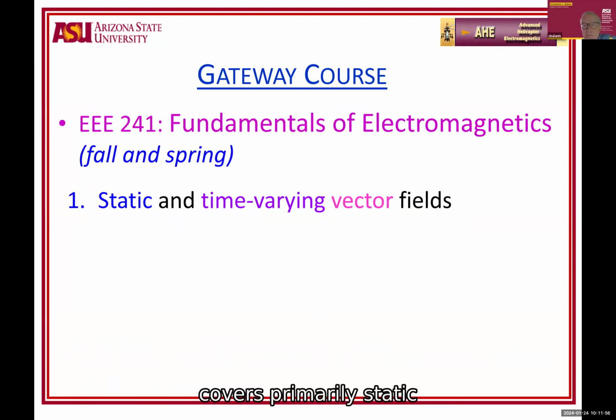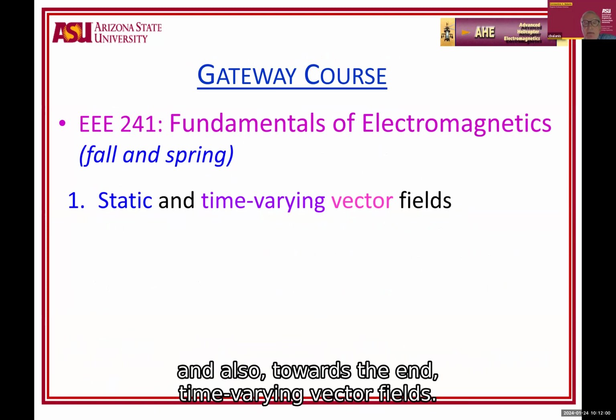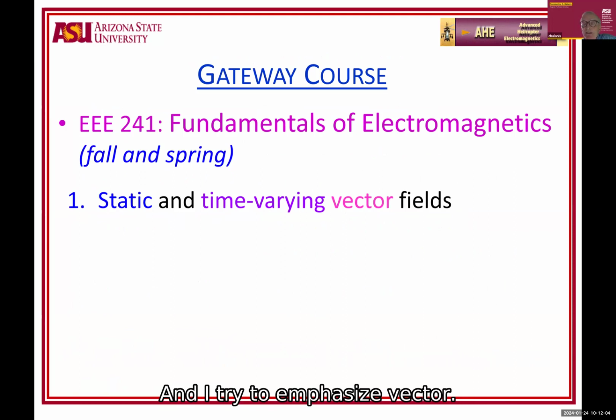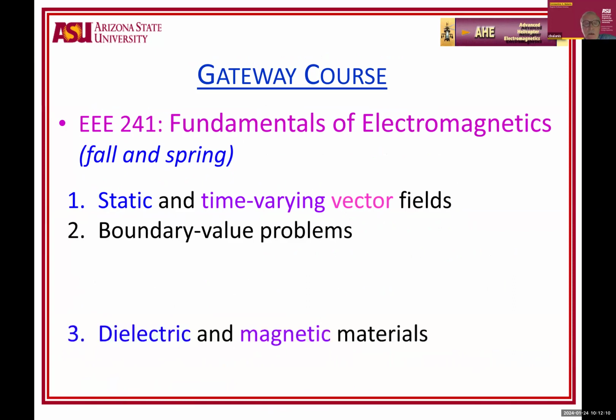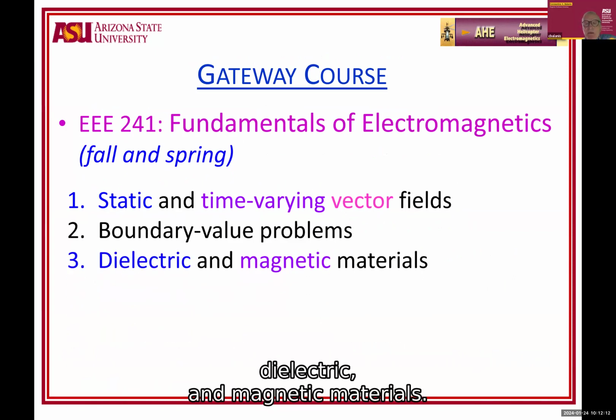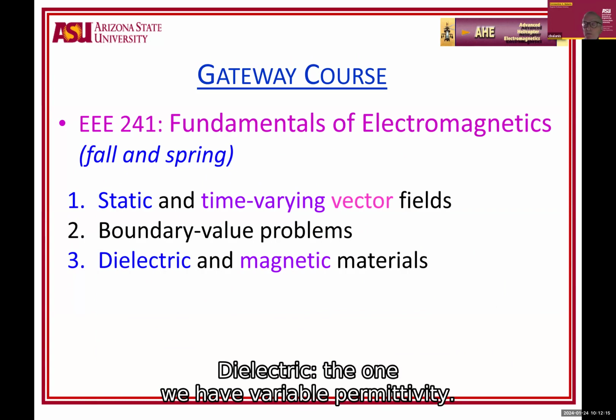covers primarily static and also towards the end time-varying vector fields. And I try to emphasize vector. Okay, boundary value problems. Dielectric and magnetic materials. Dielectric, the one you have variable permittivity.